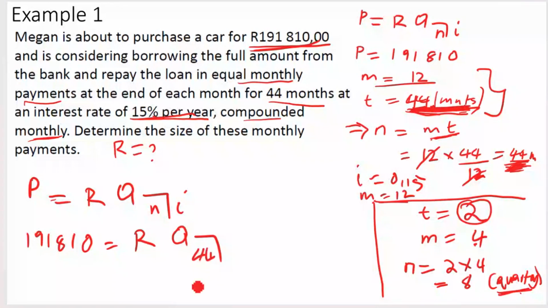Our I is 0.15 divided by 12. If this was semi-annually, you would have to convert it, but we don't have to. So our R is going to be equal to 5693.99. That will be the payments that she has to make for the loan that she wants to take.